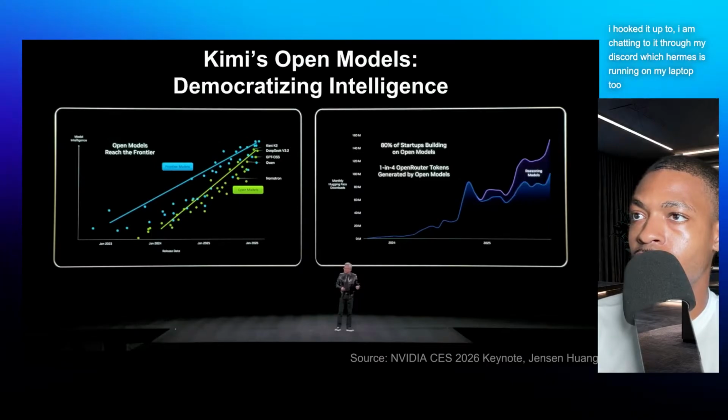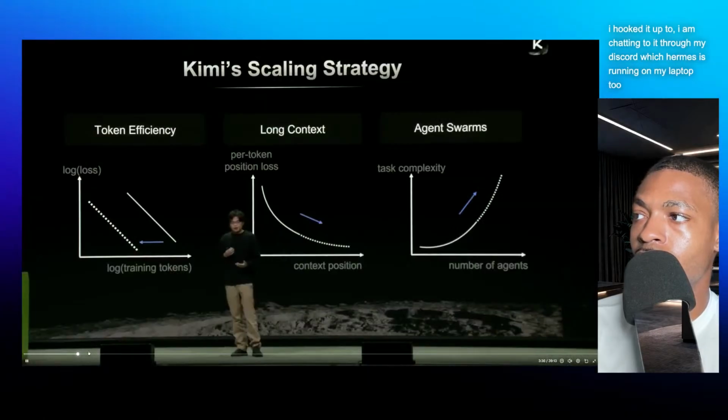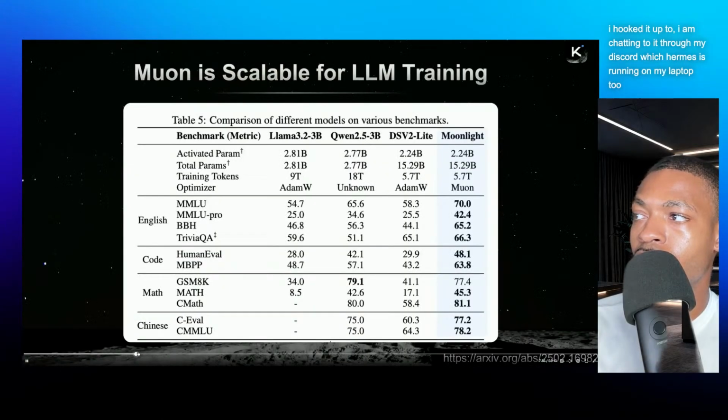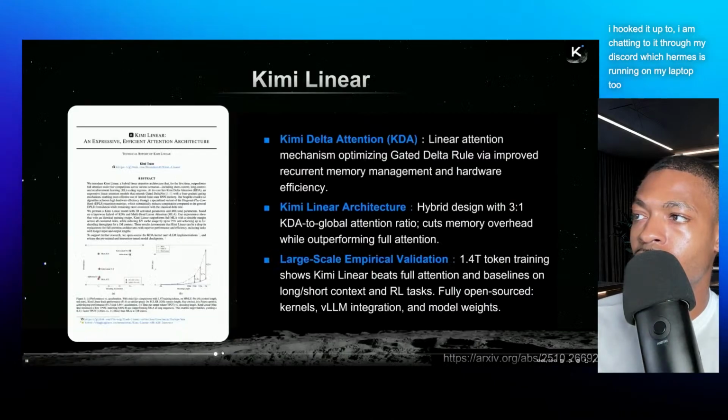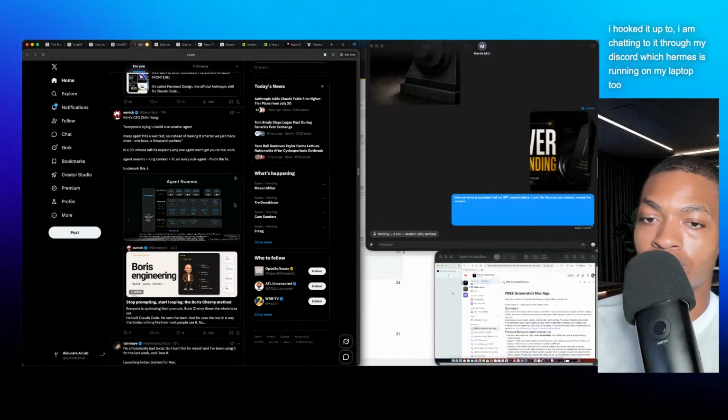And this is one of the slides that I took from Jensen's talk earlier this year at CES. So as you can see, we scale our model in different dimensions.